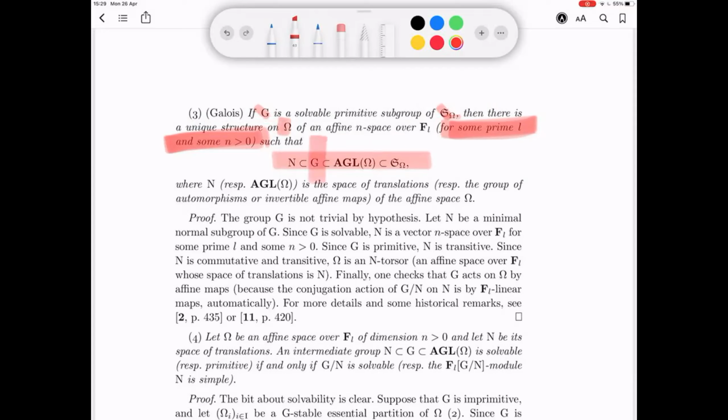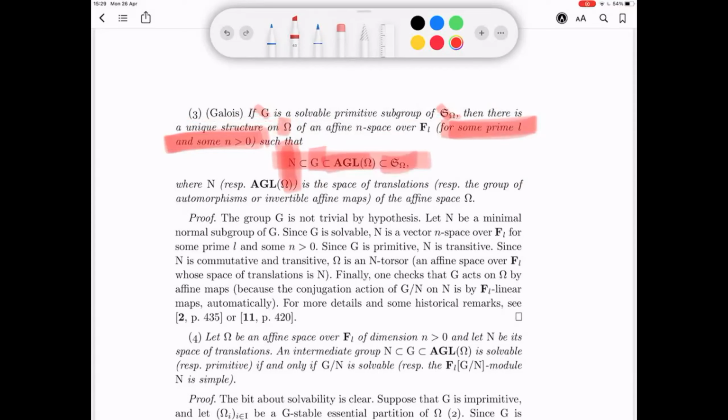G is here, right? And so that's G, such that G is... right. So I have to explain what N is, what AGL omega is.